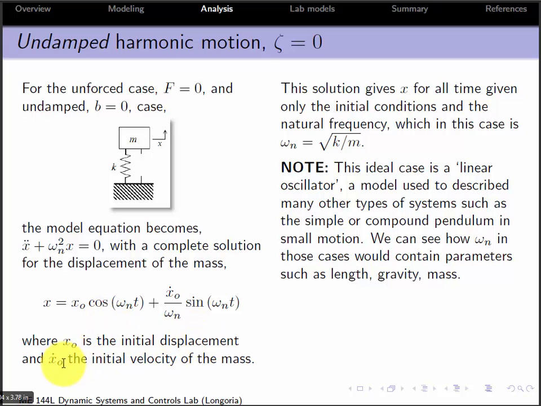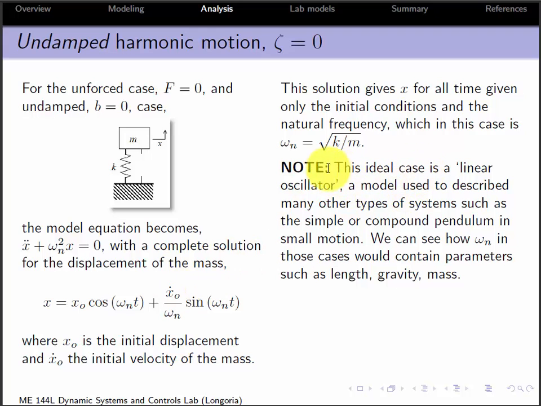I'll show you that in a second. So you need to know two initial conditions, right? Second order ODE, so you need two initial conditions. If this is a mechanical system of this sort, then x naught is a displacement, and x dot 0 obviously is initial velocity, right?